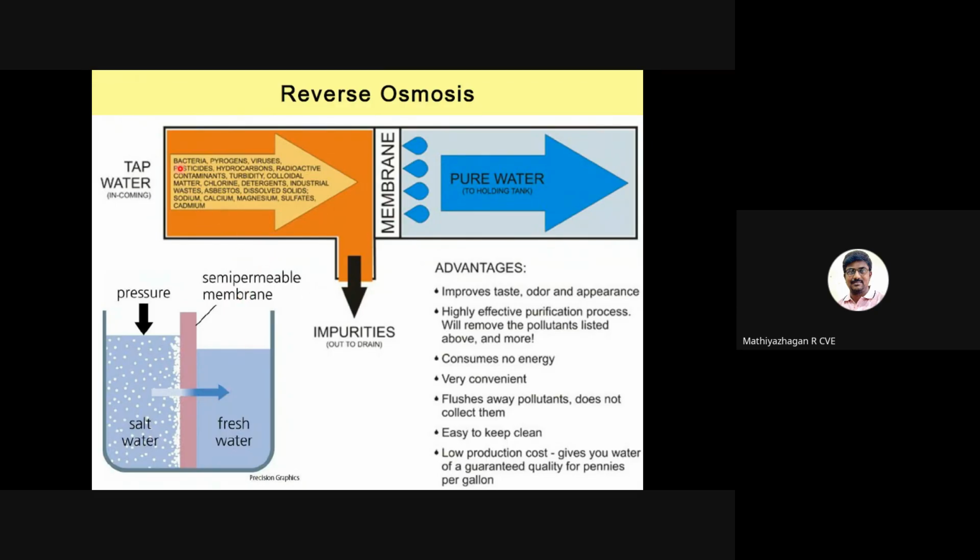Here I have given all the impurities present in the raw water, including some colloidal matter. The entire thing is filtered here. But for reverse osmosis, the feed water should be free from any kind of suspended impurities.